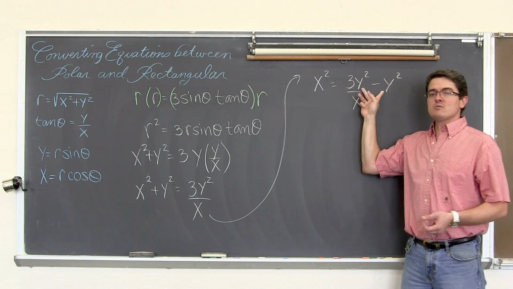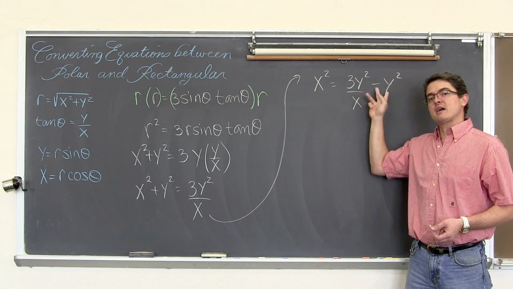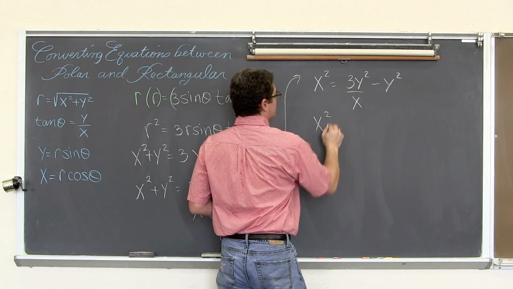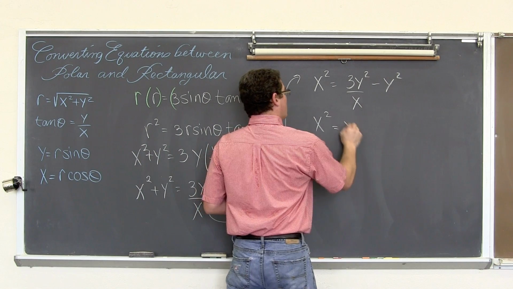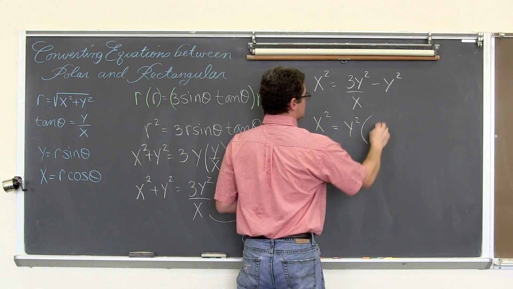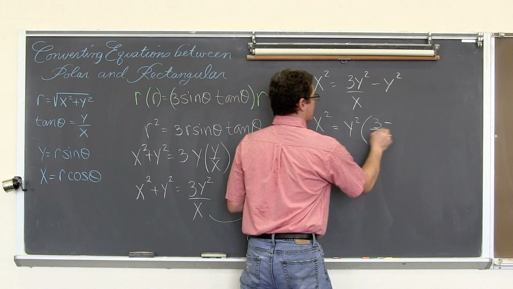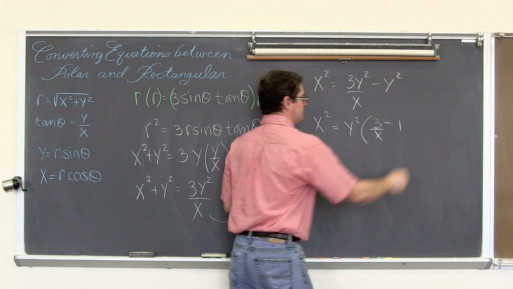Now, these two terms both have a y squared in them, which means I can factor that out. So we have x squared equals y squared times 3 over x minus 1.